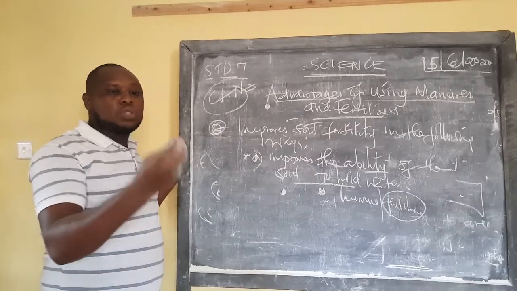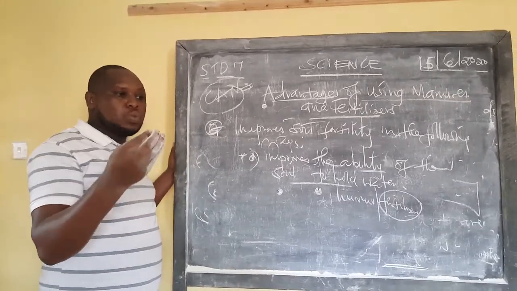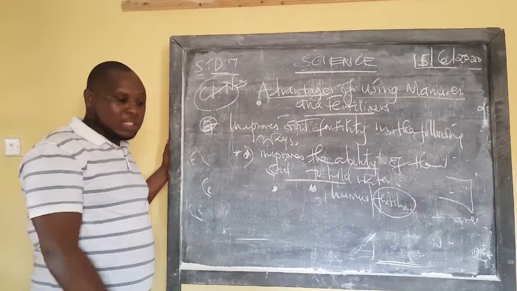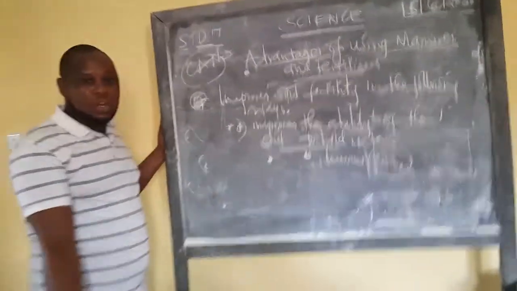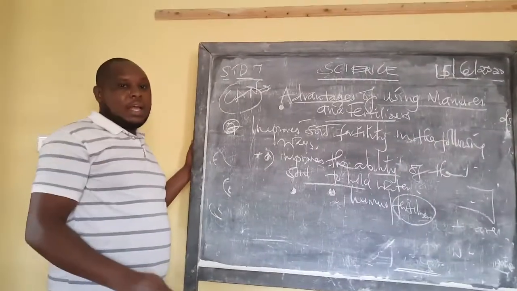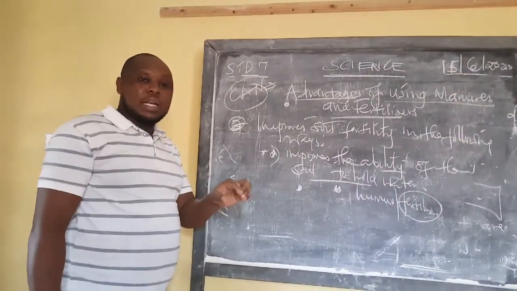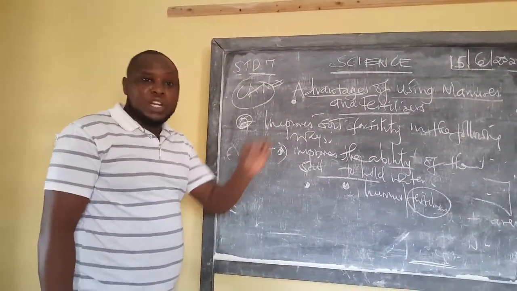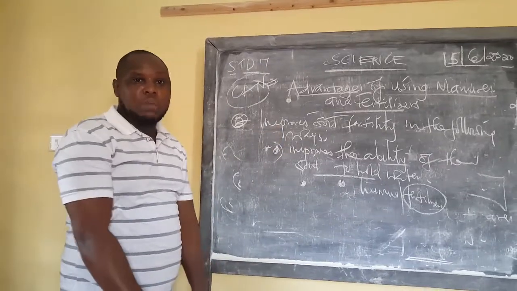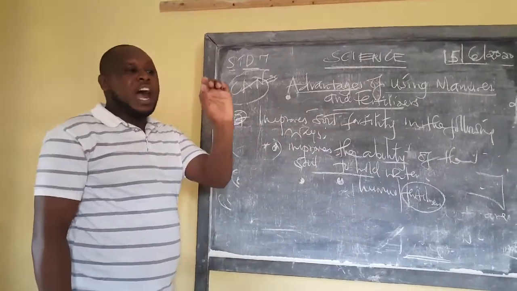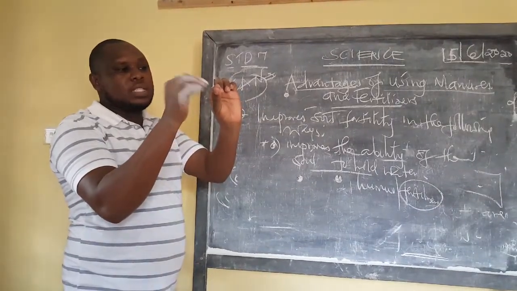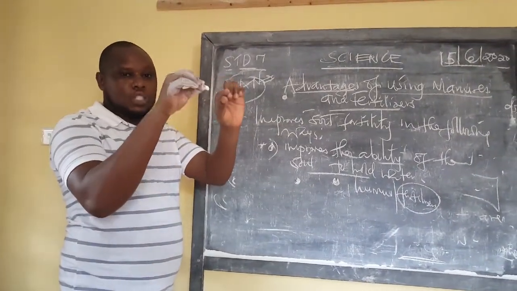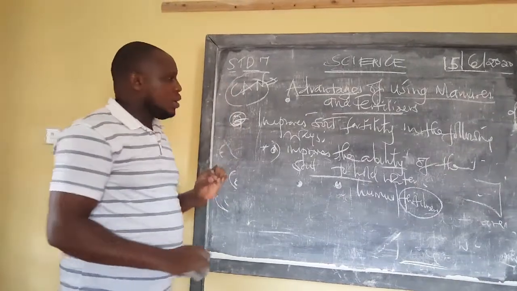That ability of the soil to hold water. Look at how water drains in a sand soil. You just pour a glass of water on sand soil, another glass of water on clay soil or loam soil. You will see that the one you pour on clay soil will take a longer time to drain, to sit down in the soil, because the soil particles are bound together, and therefore the sizes of the spaces in there are small.